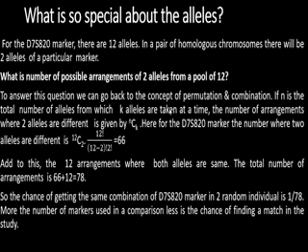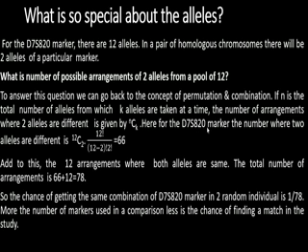In a pair of homologous chromosomes, there will be two alleles of a particular marker. What is the number of possible arrangements of two alleles from a pool of 12? To answer this question, I advise you to go to the concept of permutation and combination. If n is the total number of alleles from which k alleles are taken at a time, the number of arrangements where the two alleles are different is given by nCk, or n choose k.